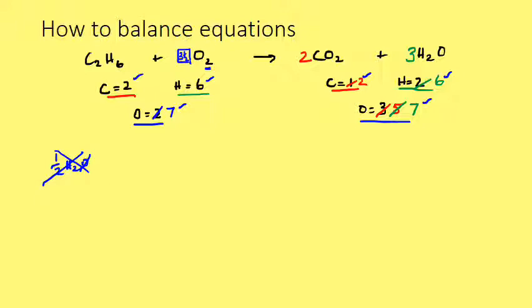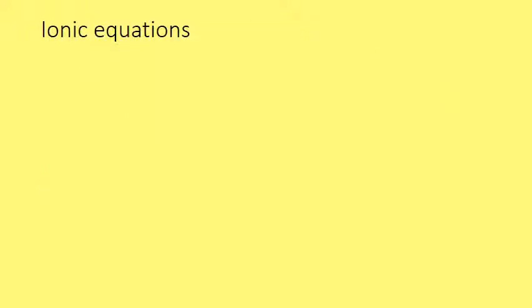Now I think we'll move on to ionic equations. Okay, here's ionic equations, and the thing about ionic equations is that they apply to reactions involving ions in solution. So that's the type of reaction that we use ionic equations for.